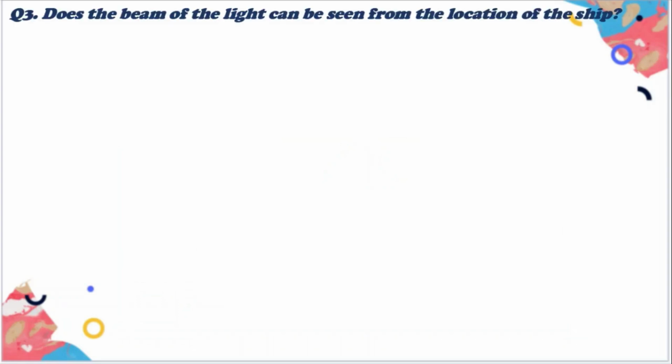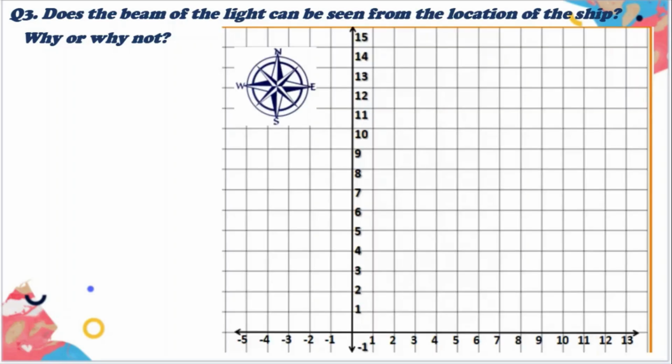So let's have the question number 3. So does the beam of the light can be seen from the location of the ship? Why or why not? So same process with question number 2. We need to have the Cartesian plane for us to determine the location, to visualize the location.